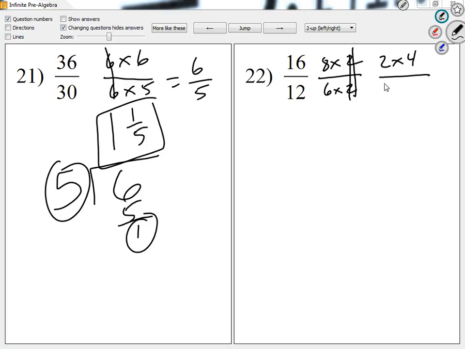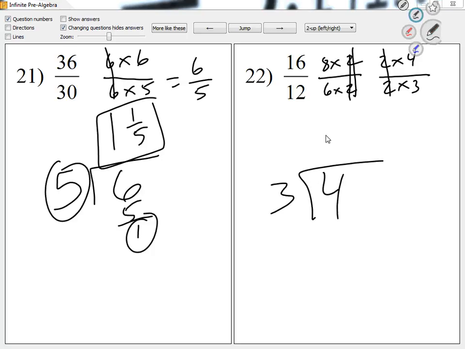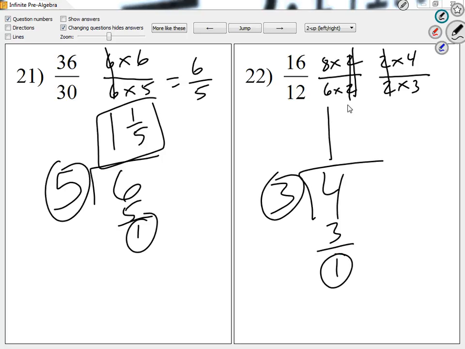What about 6? 2 times 3. Cancel out the 2's, so we have 4 over 3. But we have an improper fraction, so let me go 4 divided by 3. How many times does 3 go into 4? 1. That's my big number. What's my remainder? 1. So using the remainder and initial 3, I'm going to write 1 over 3. 1 and 1/3.